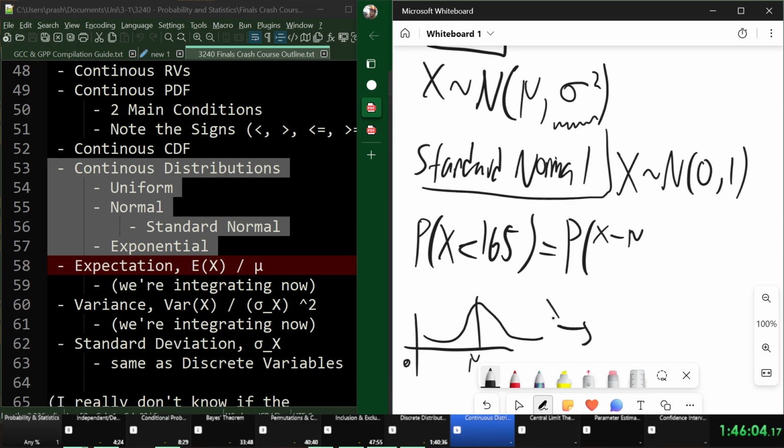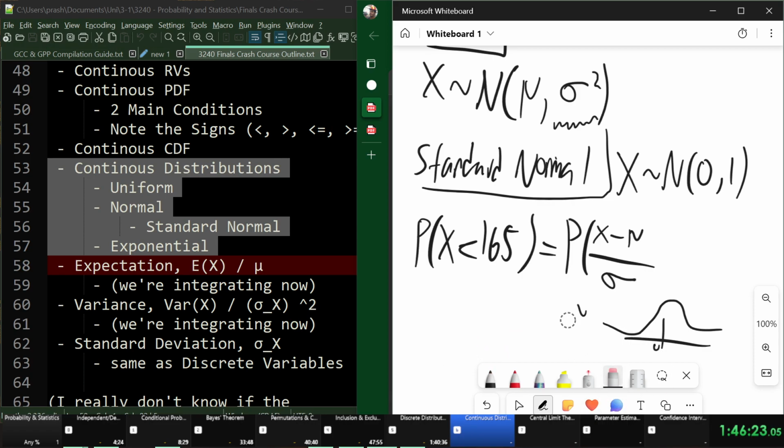After shifting with x minus mu, it will be centered at 0. That's the step that we're doing over here. And then after that, we divide it by its standard deviation. This is to make sure it's spread out like how a standard normal distribution would have it. So x minus mu over sigma, or over standard deviation.